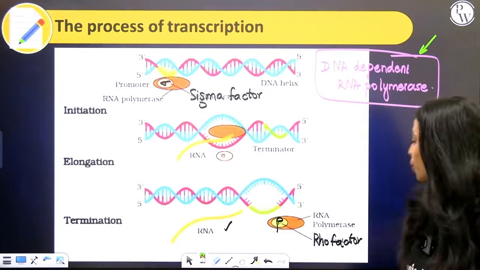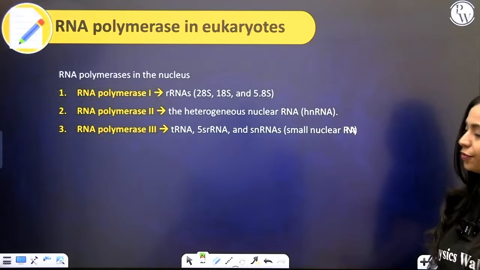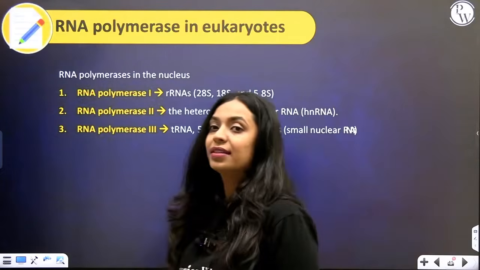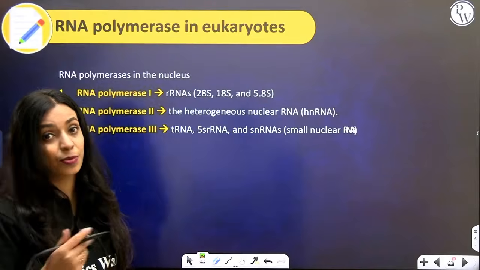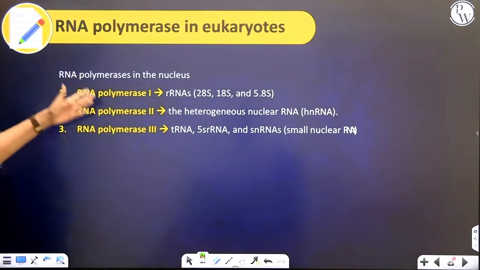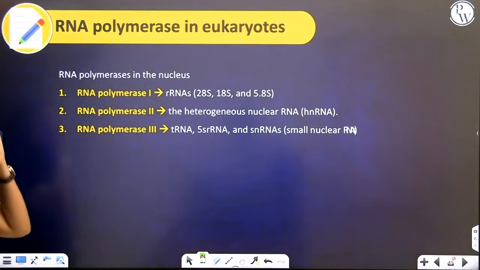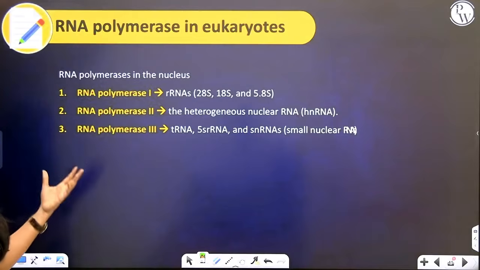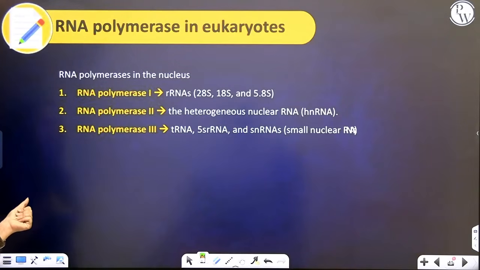But when it comes to eukaryotes, we have at least 3 different types of RNA polymerases that we find in the nucleus. Transcription occurs in the nucleus. Replication also occurs in the nucleus in eukaryotes. So, we have at least 3 different types that are involved in the synthesis of different types of RNA molecules.